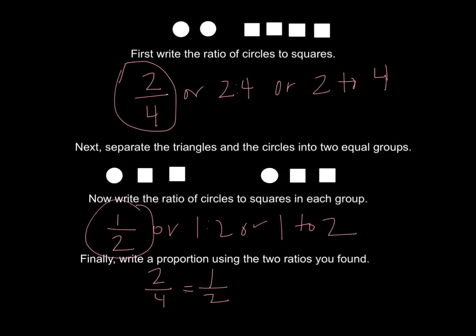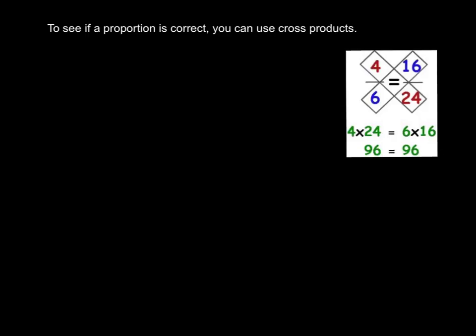Now this is our basic understanding, just our introduction. Now let's take it a little step farther. To see if a proportion is correct, you can use cross products. Cross is just like what it sounds like, we're going to go across, and products means multiplying. So if I wanted to see is 4 to 6 proportional to 16 to 24, I would use my cross products to see if they are equivalent fractions.